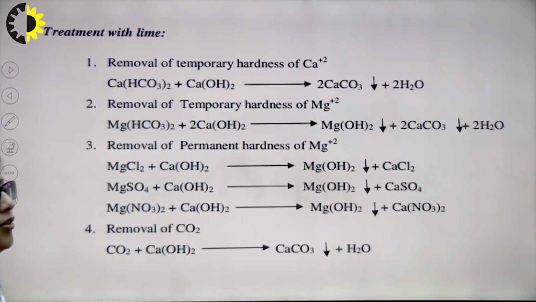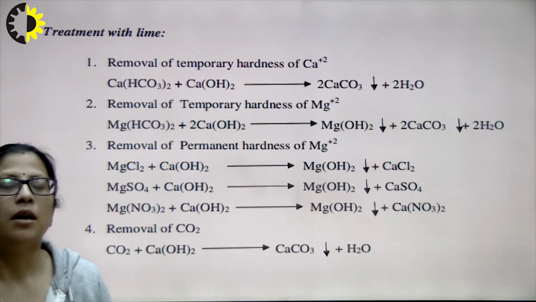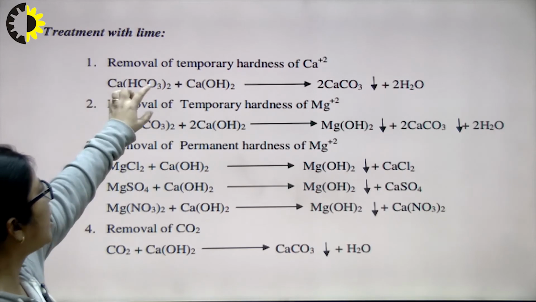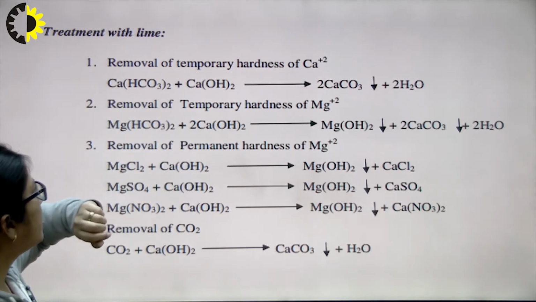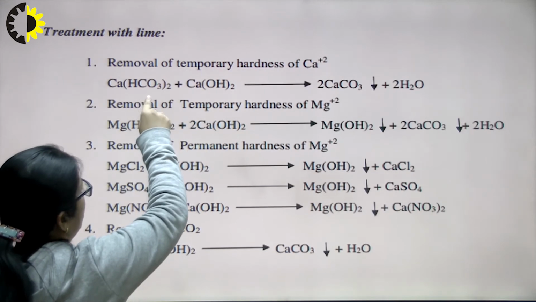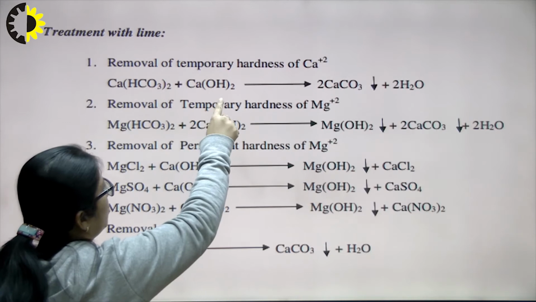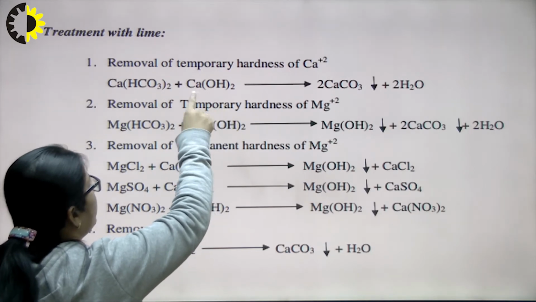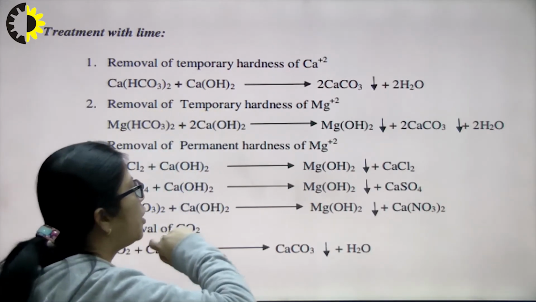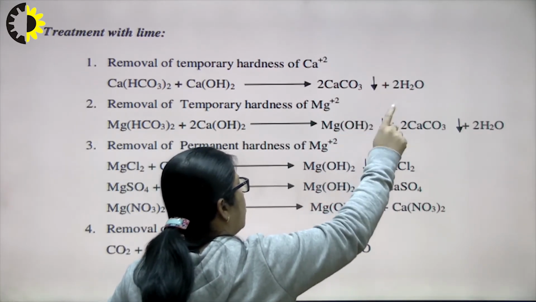Now, these are different reactions, that is the treatment with lime. We can remove the temporary hardness of calcium with lime. Here you can see in this equation, this is calcium bicarbonate. If it is present in hard water, then lime, which we are adding in water, reacts with calcium bicarbonate to form the precipitate of calcium carbonate and water.